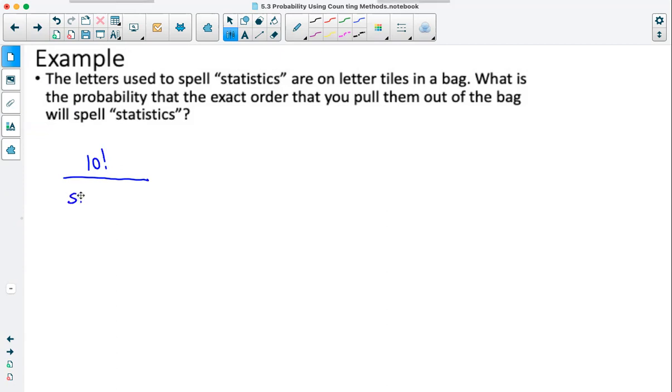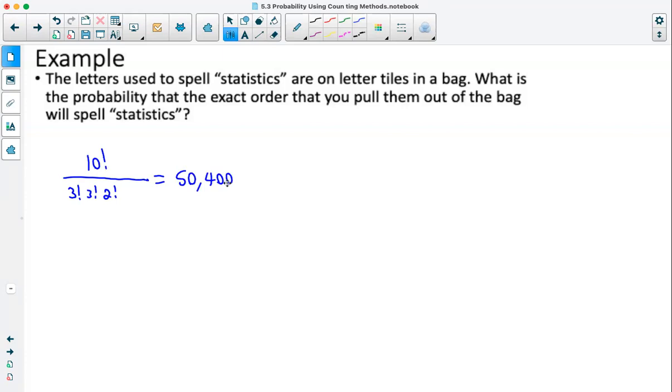So we'd have over 3 factorial. Then T's, we have 3 T's. And then we have 2 I's. And that gives us 50,400 ways we could potentially arrange tiles as they come out.